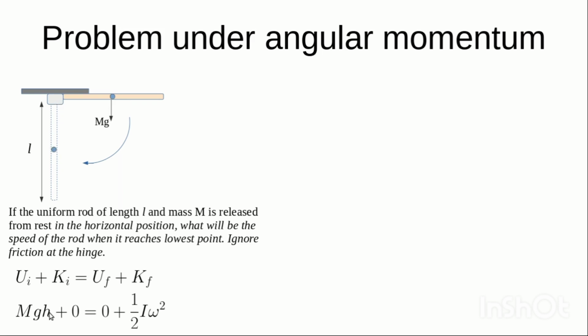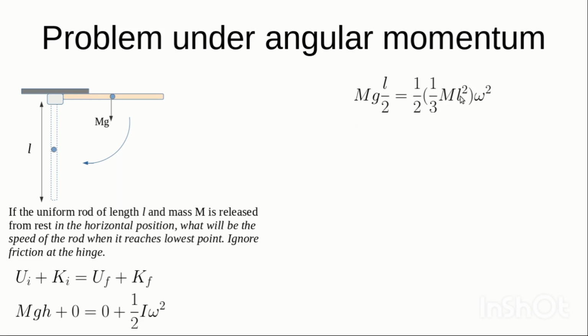So h is replaced by L over 2, and I is replaced by the moment of inertia of a rod. That gives mg L over 2 equals half times the moment of inertia for a rod, which is 1 over 3 ml squared, times omega squared.